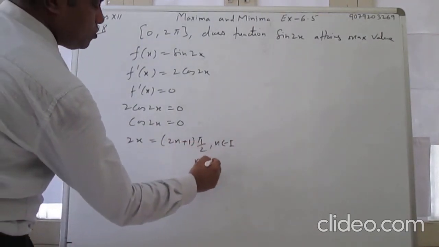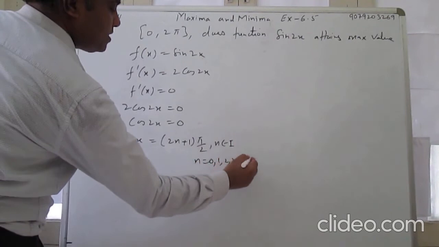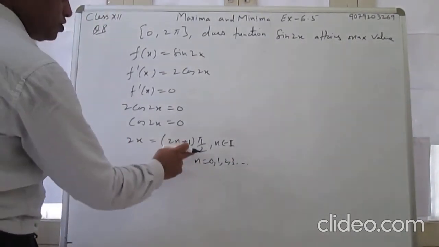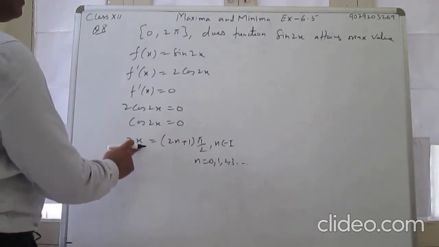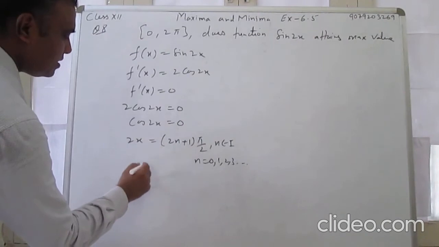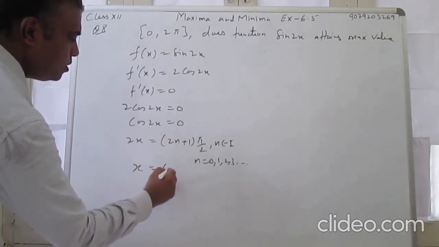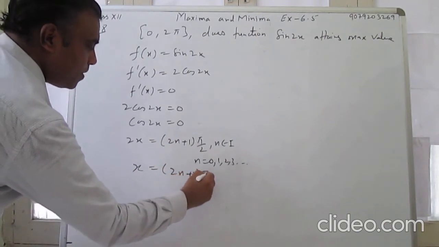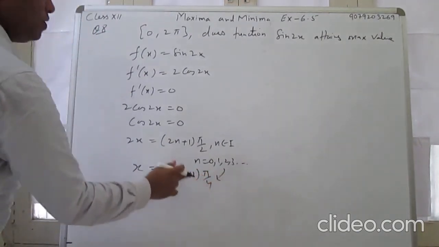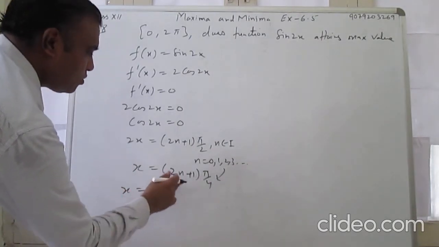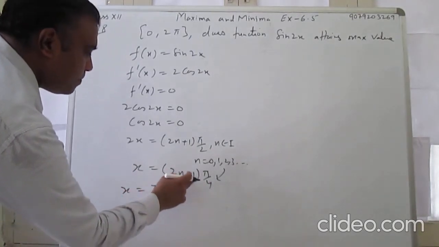Put n is equal to 0, 1, 2, 3. First we have to find the value of x. It is 2x, so convert it into x by dividing by 2. It becomes (2n plus 1) into π by 4.